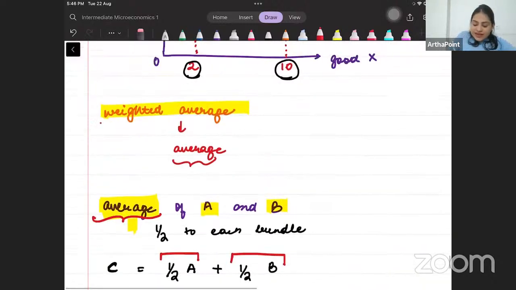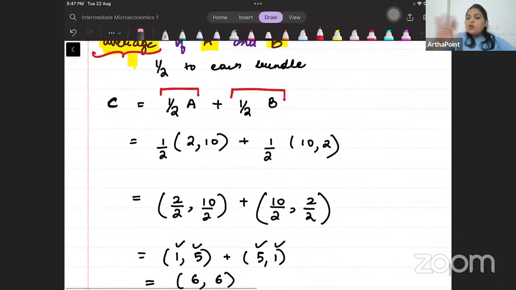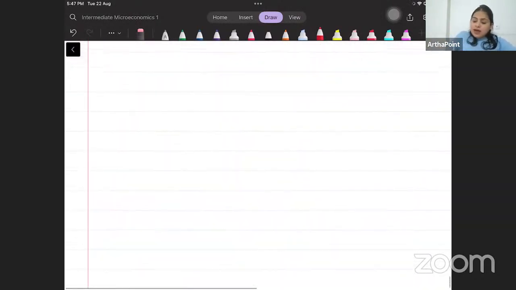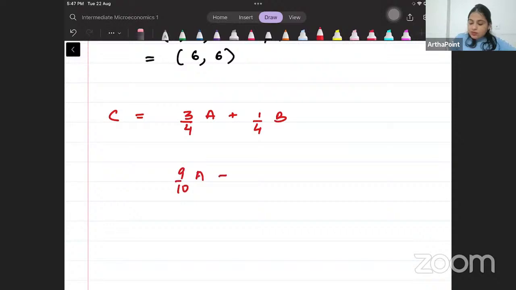But a weighted average में you may give any weightage. जरूरी नहीं है half देनी है। मतलब weighted average निकालने के लिए मैं 3/4 भी A को दे सकती हूँ और 1/4 B को दे सकती हूँ, या मैं 9/10 A को दे सकती हूँ और 1/10 B को दे सकती हूँ। So weighted average means you can give any, don't worry, I will write that down, but पहले समझो.